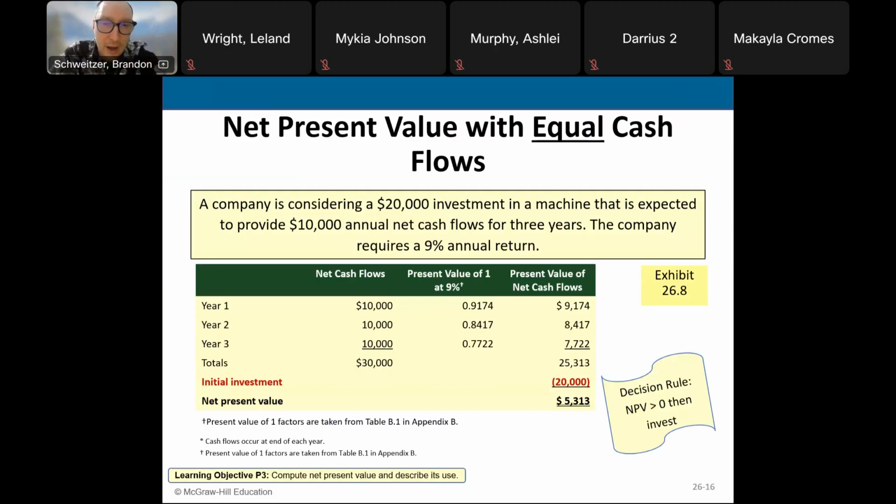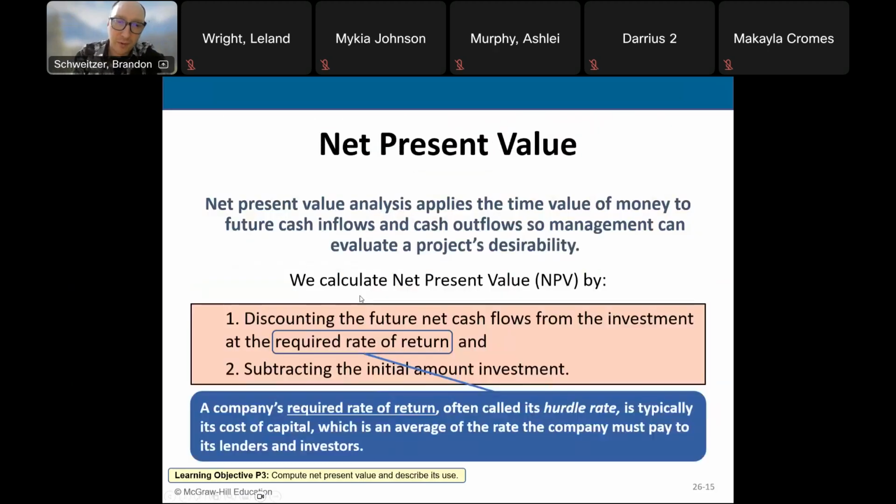So here are the steps we would take. We have the net cash flow, which gets subtracted from the present value. So remember the steps. We find the internal rate of return, in our example 9%, and we subtract the initial amount from that.